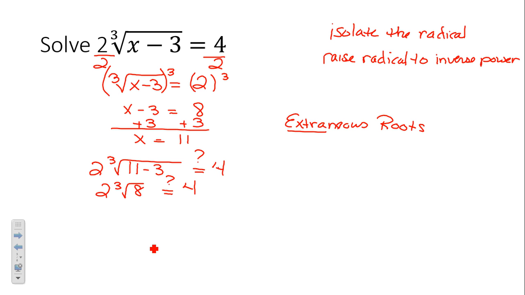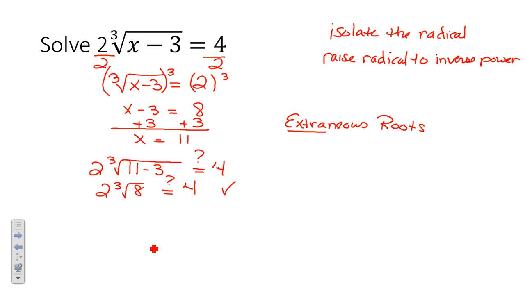The cube root of 8 is 2, and 2 times 2 is 4. It checks. So no extraneous roots were introduced this time. All right, so you've got an example just like that to the right of it that you're going to work for yourself.